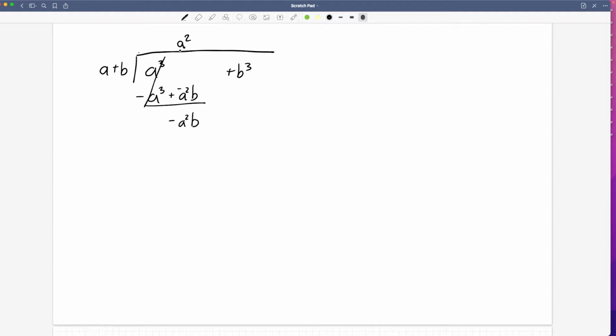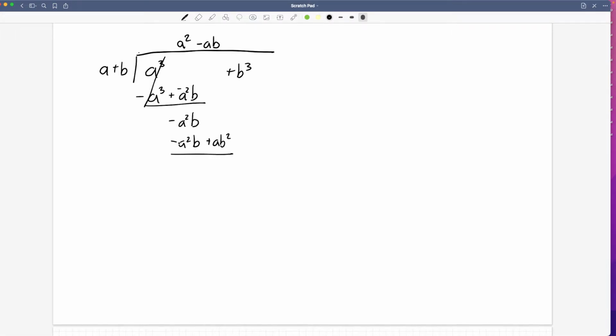A squared times a squared, we can't do that. So what times a gives us a squared? That's going to be a. And it's going to have to be a b. It's going to be a negative ab. Negative ab times a is going to give us a negative a squared b. And a negative ab times b is going to give us a negative ab squared.